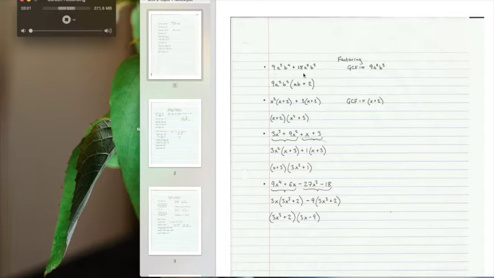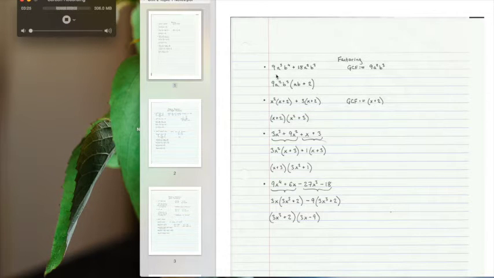What I've done here is listed each of the individual common factors, and when we multiply them together as factors, we get what's called the greatest common factor, abbreviated the GCF. And the greatest common factor is something that you will need to find in order to factor an expression.